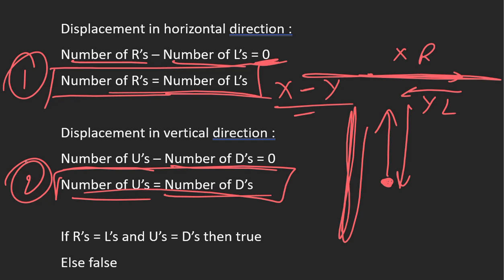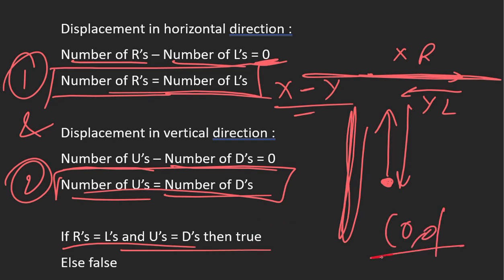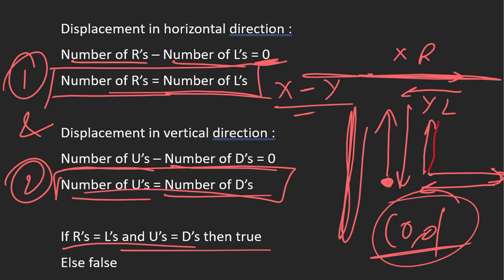If both 1 and 2 are true, that means overall it will come back to 0, 0, because whatever it moves in this direction, it comes back that many steps. Similarly, whatever it moves in the up direction, the same steps it takes in the down direction. So overall it is at the same point. In that case we return true, else we return false.